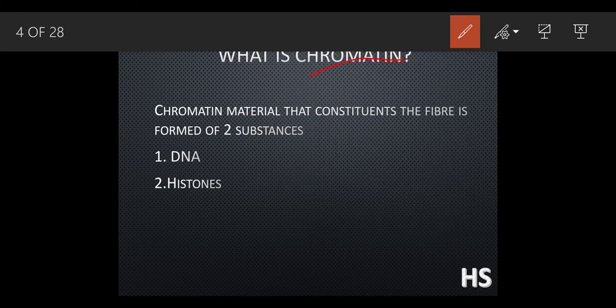See how a chromatin looks like, this is a chromatin, like a thread structure. When the DNA coils around the histones, this is called the nucleosome. What is a nucleosome? When the 8 balls have been coiled by the DNA, it is called a nucleosome.